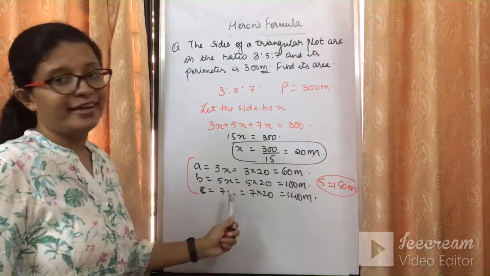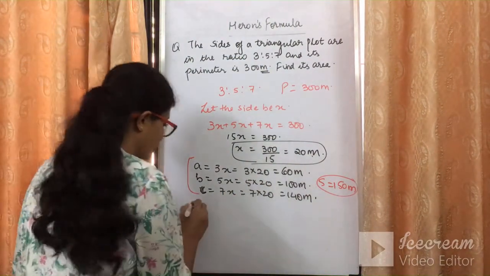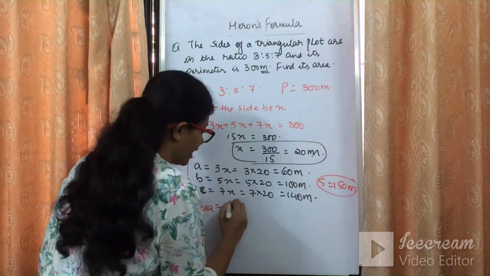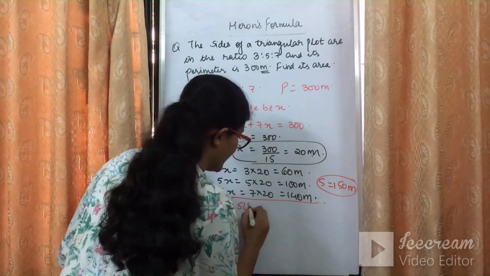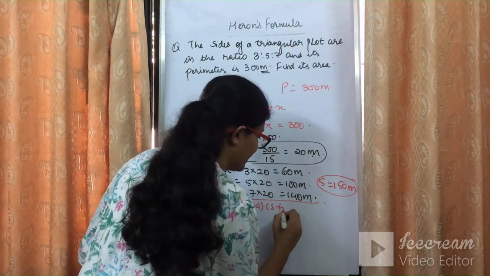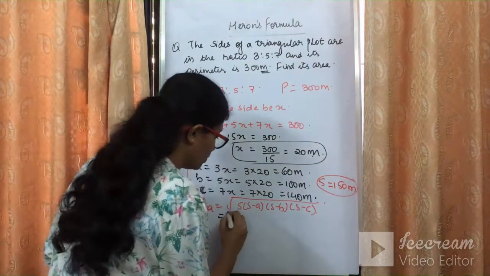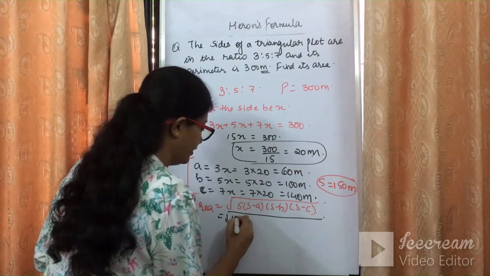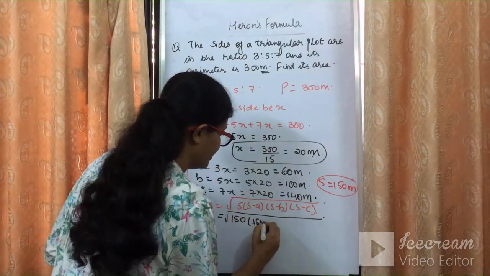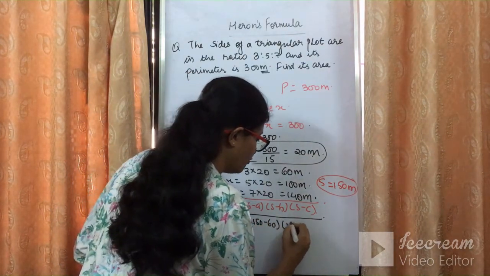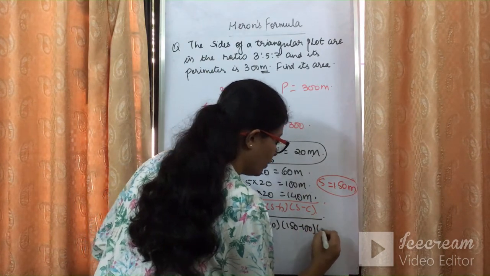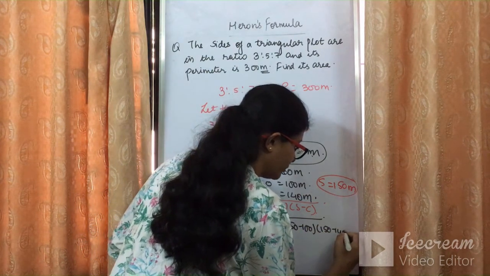पैरामीटर मालूम है, साइड्स मालूम है, क्या जरूरत है किसी और चीज की. चलो एरिया का फॉर्मूला लगाओ. S into S minus A into S minus B into S minus C. So you have all the things with you ready. Just put करनी है 150 minus 60, 150 minus 100, 150 minus 140.